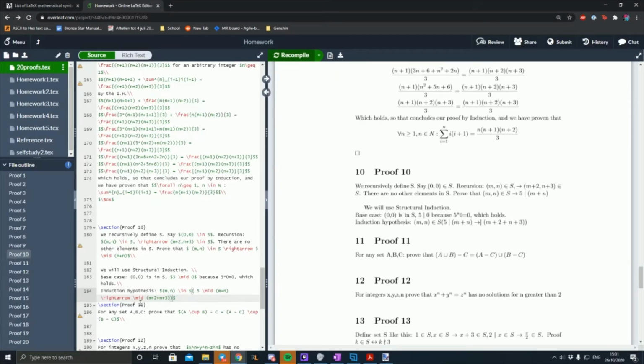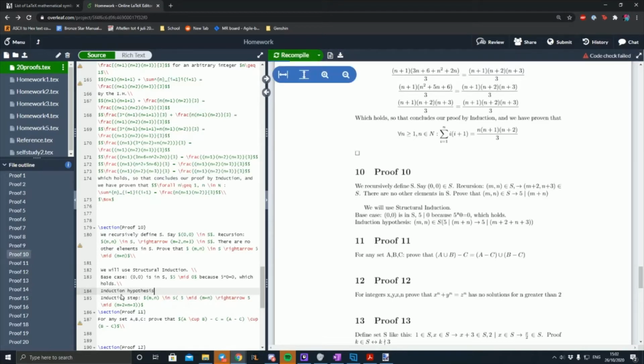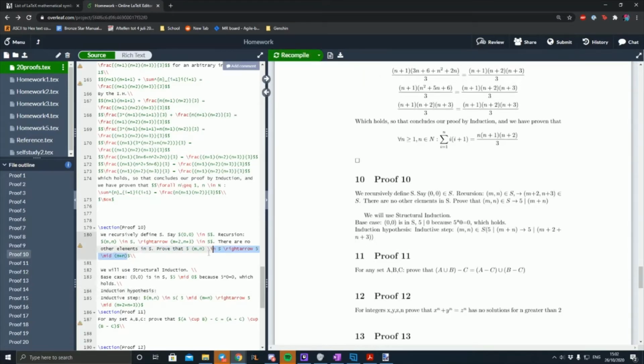Oh, I forgot the 5 here. Wait, so this is the inductive step, and the induction hypothesis is this one.